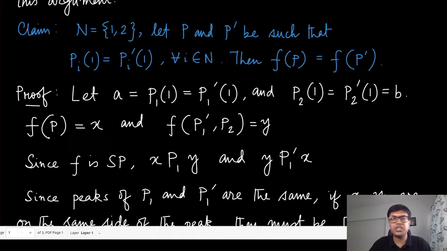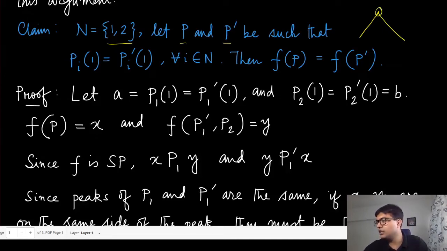Before proceeding, we first make the following claim. Suppose we have these two players, and suppose there are two preference profiles which agree on their peaks. One preference might have a much sharper fall than the other, but the point is that their peaks remain the same.